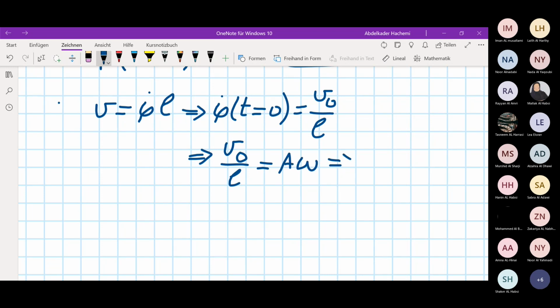In this case we get A, which is v0 divided by L omega.